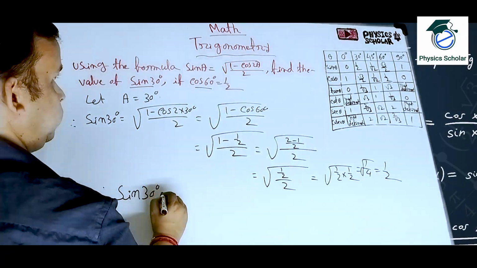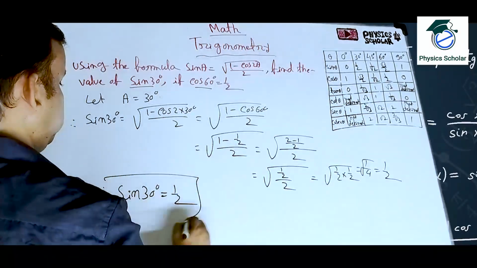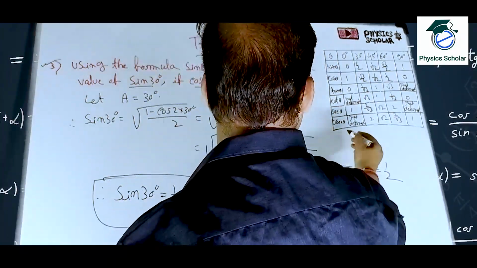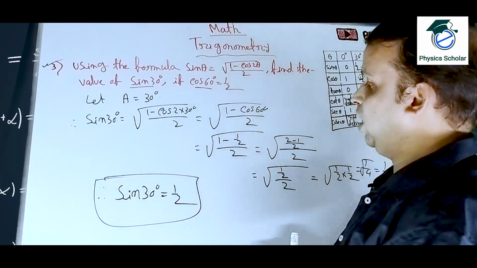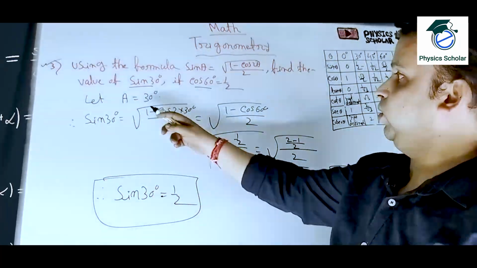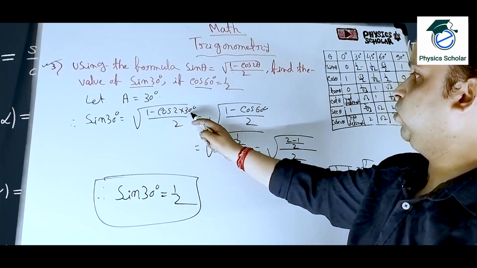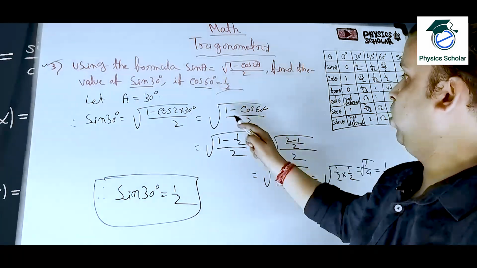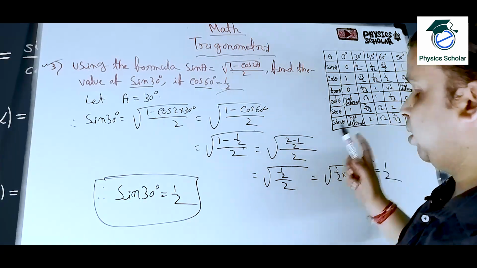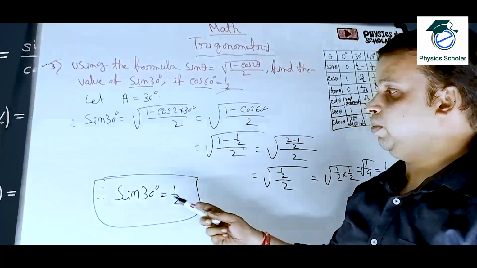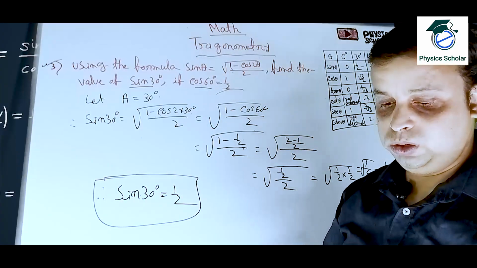Sin 30 degree is equal to half. By the chart you can also say that sin 30 degree is equal to half. So very easy. Let A is equal to 30 degree, so it will be root over 1 minus cos 60 by 2. Cos 60 is given as half. So after calculating it is coming 1 by 2. So the value of sin 30 degree is equal to 1 by 2 or half.